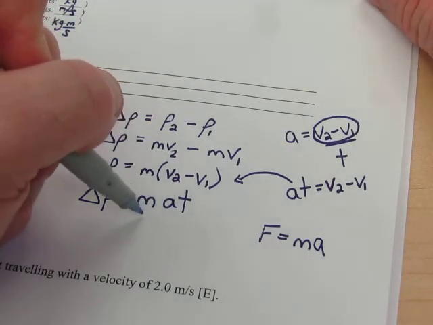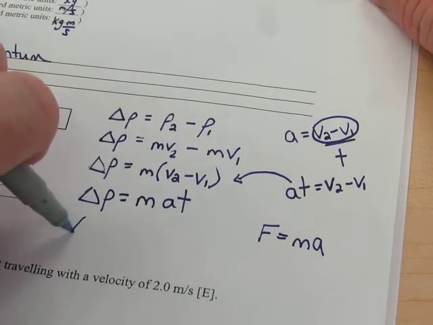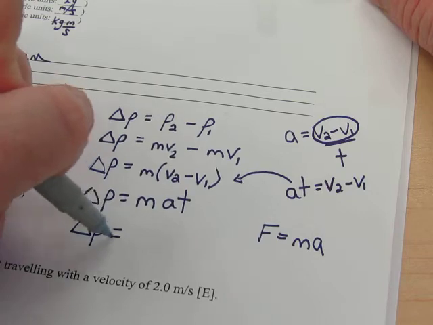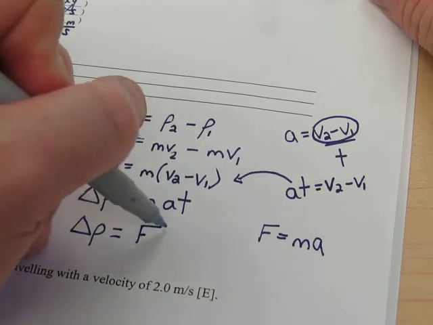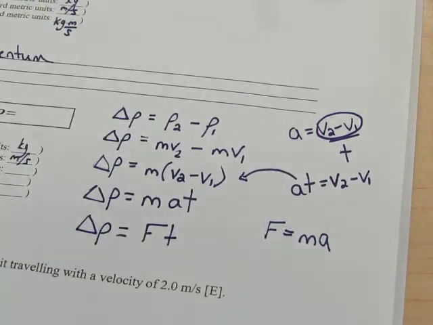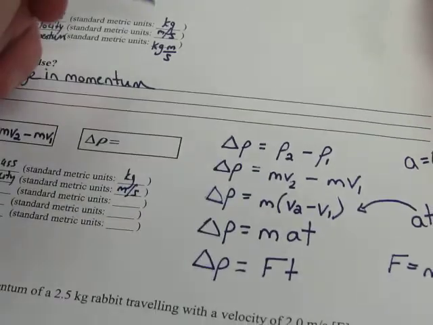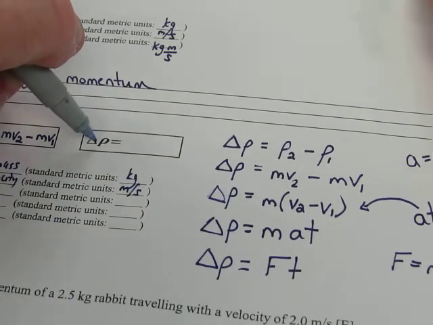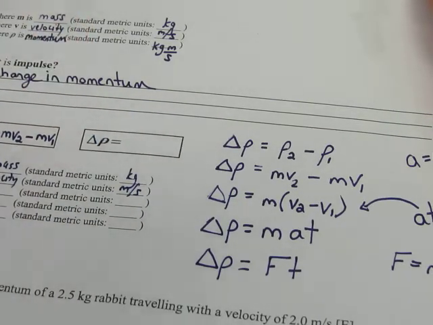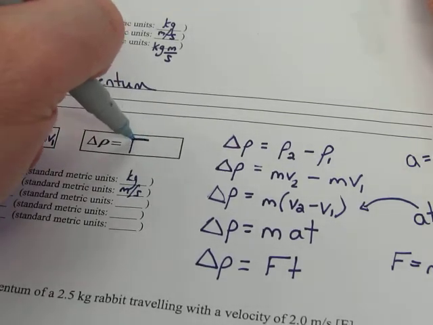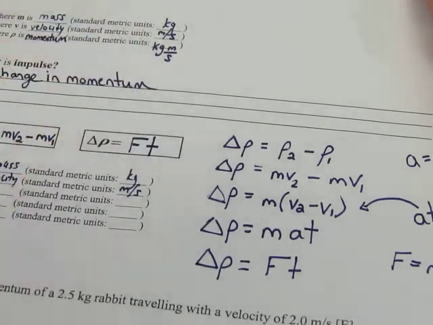So we could write the impulse formula as force times time, F t. That's another version we'll write in this box: a change in momentum and impulse can be calculated by doing force times time.